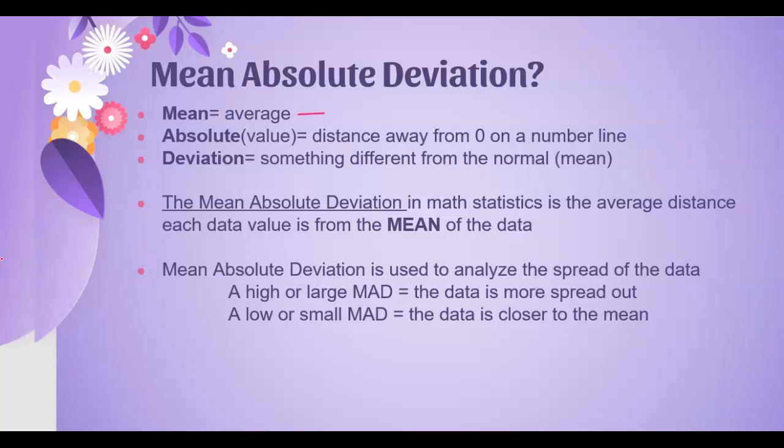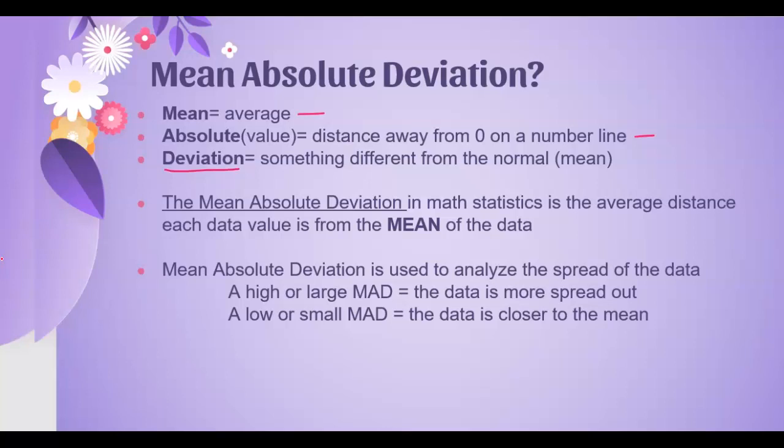We know that the absolute value is the distance away from 0 on a number line. The only word that we might have a problem with is deviation. And the word deviation means something different from the normal. Not normal, something that's totally different. So the mean absolute deviation in math is the average distance each data value is from the mean.